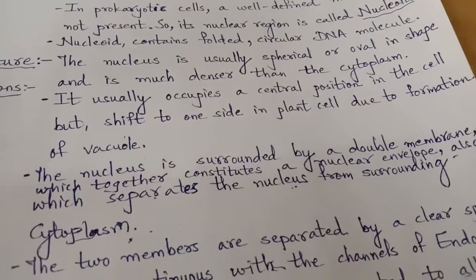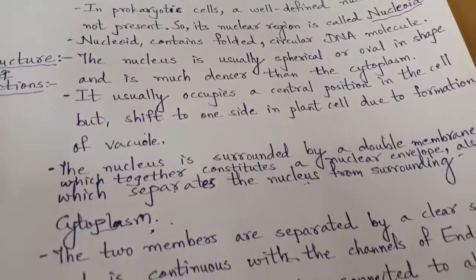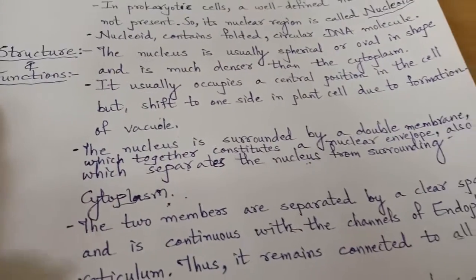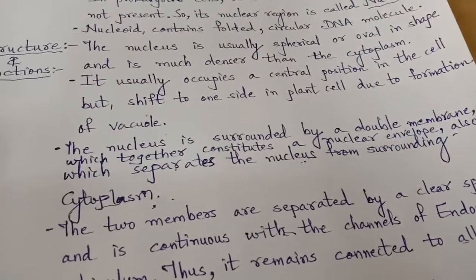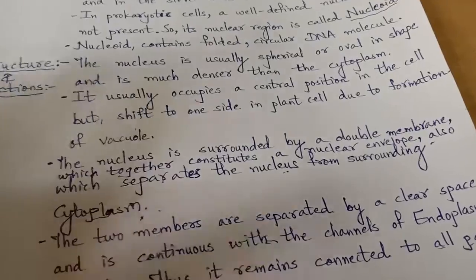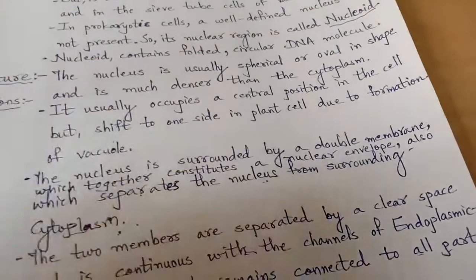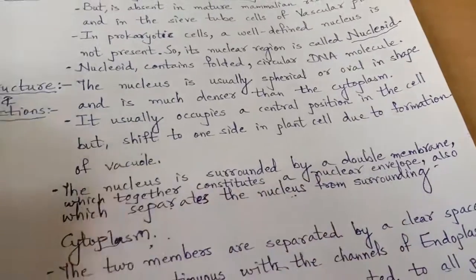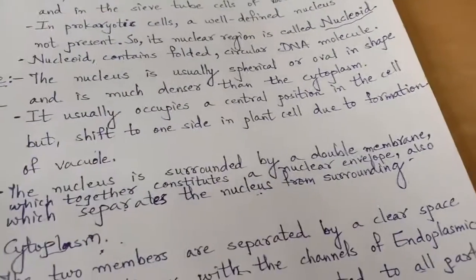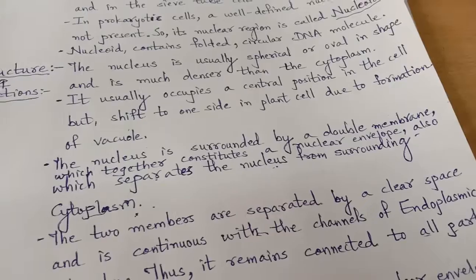But sometimes in the plant cell, if the vacuole is formed very large, that means if the plant is preserving more water, then the vacuole of the plant will grow larger in size, and at that time the nucleus is shifted to the side because of the formation of the vacuole.